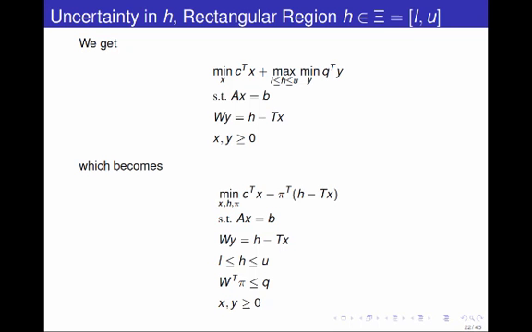So I'm maximizing over the uncertainty region, and then I'm maximizing over the pi now, which is free. Pi transpose (h minus wx), subject to ax equals b, x greater than or equal to 0. The y's have been removed from the optimization and basically replaced by the dual multipliers.